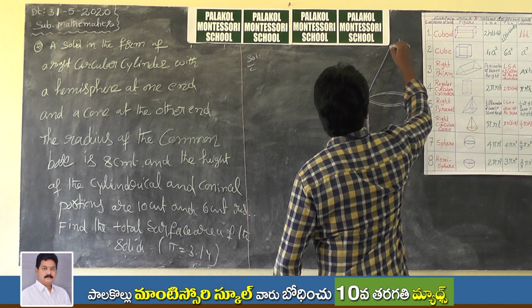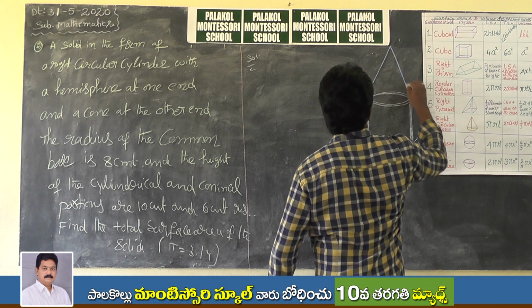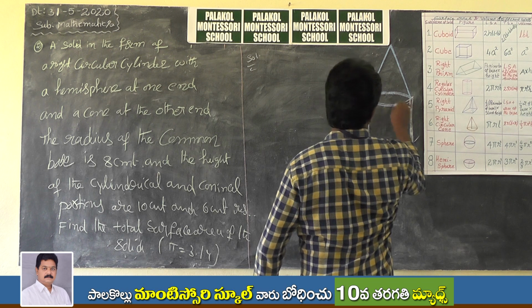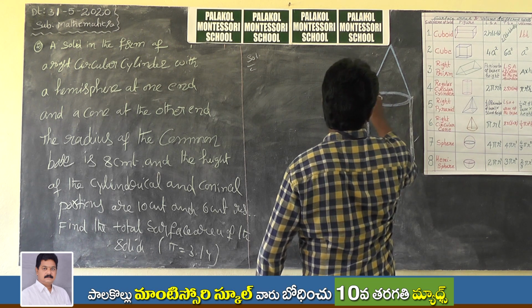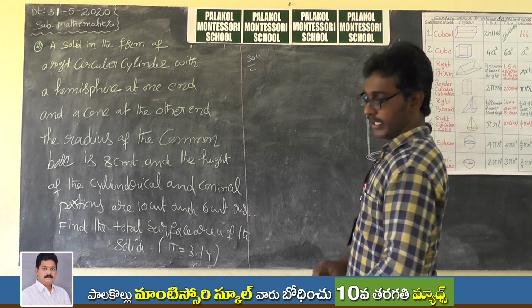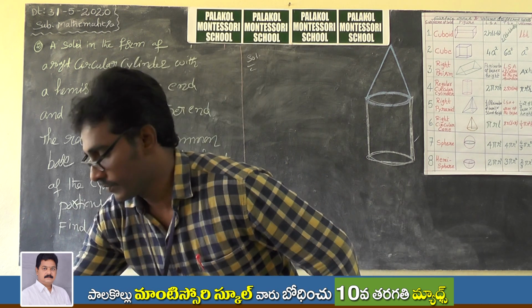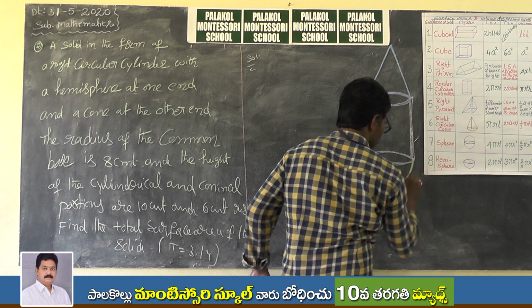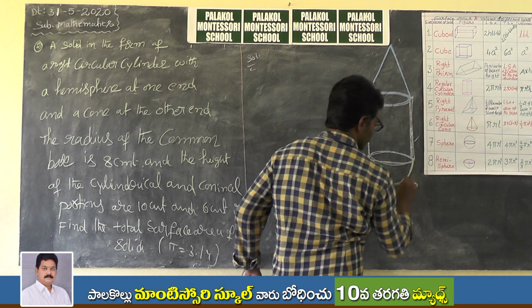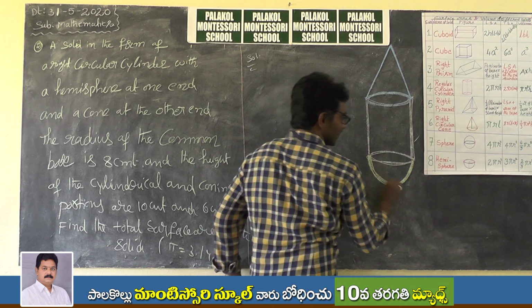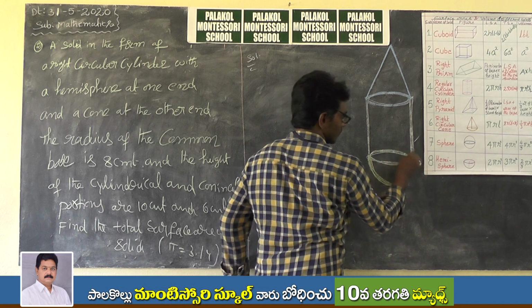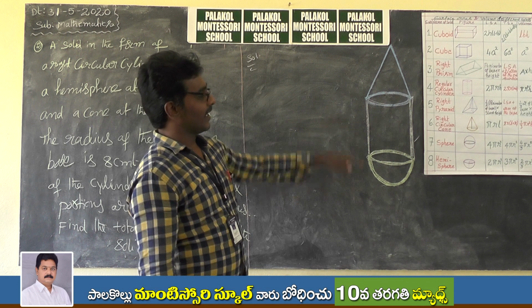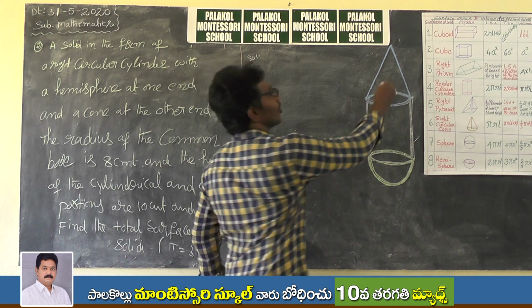This blue color is a cone. Next one, this orange, light green, is a hemisphere. In this diagram, it forms one solid.